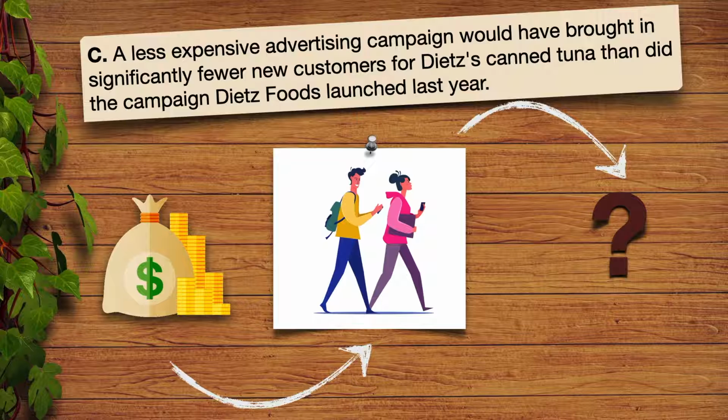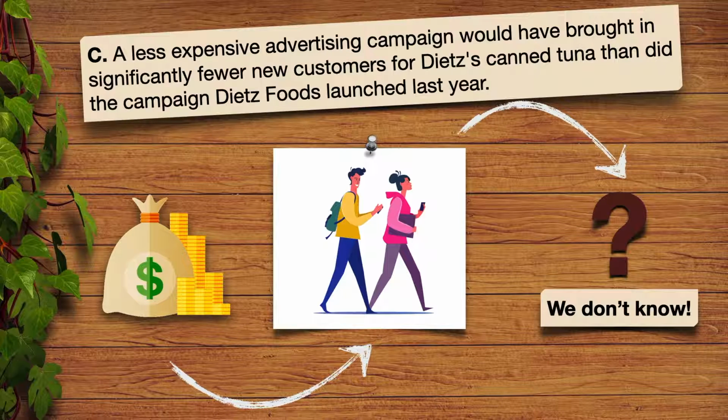How much customers will buy of a product, we want to know for certain until and unless they buy for real. Now, this option talks about fewer customers being brought in because of a less expensive campaign. Alright, but how much would those customers purchase is not given. They could have purchased more or less. And since how much they would have purchased is not given, it doesn't help us weaken the argument.